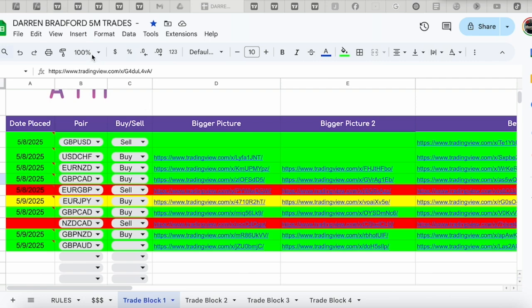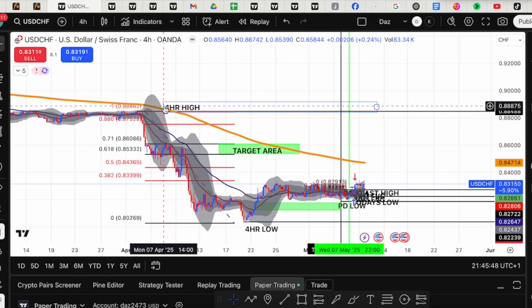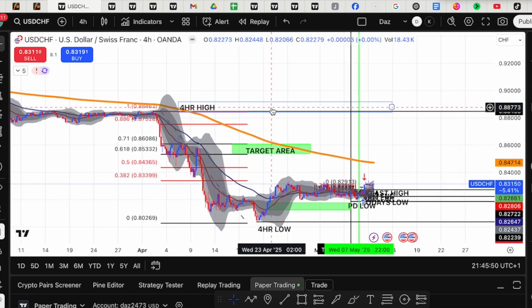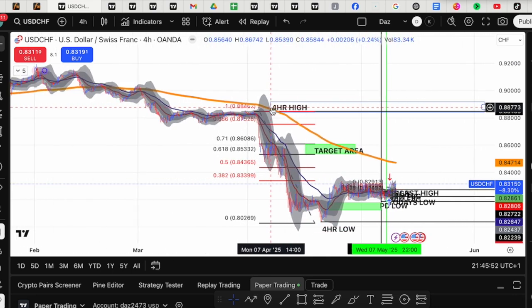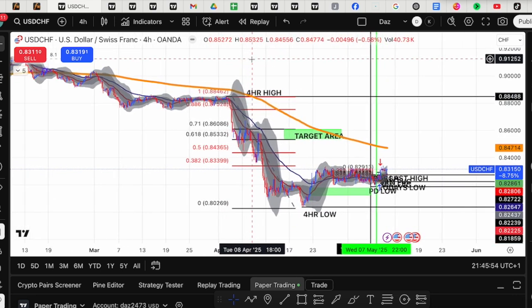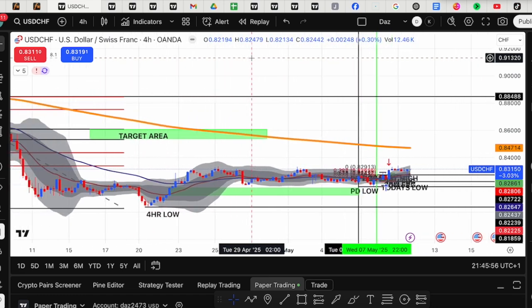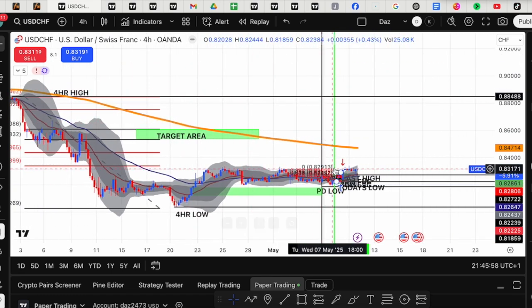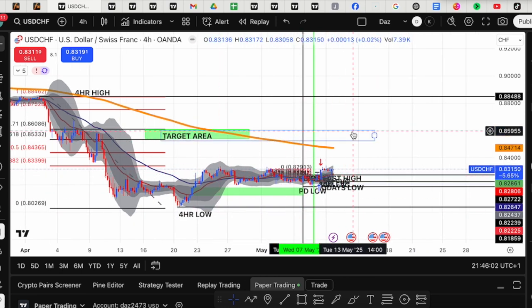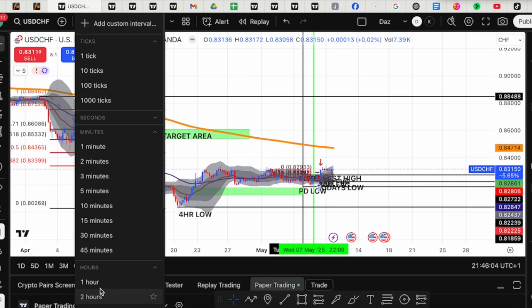Let me go through some of the trades. First we're going to do USD CHF. Here we've got the 4 hour. Like I said, I marked the daily and the previous day. Let me quickly show what I would have done.